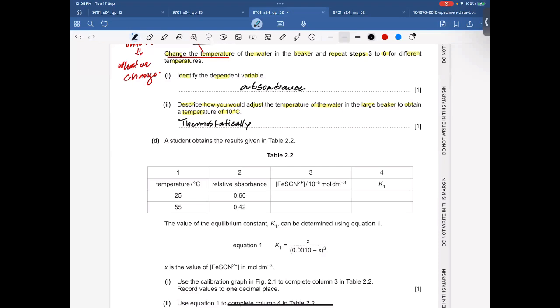So a thermostatically controlled water bath can be used to maintain the temperature, or the quenching process with ice.